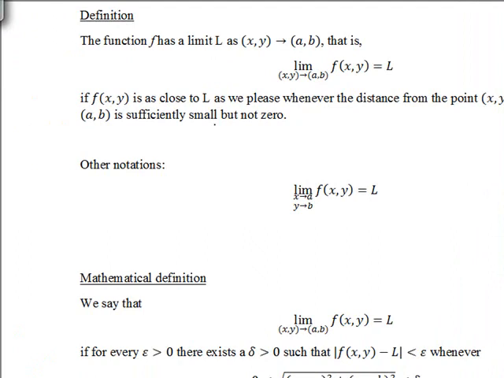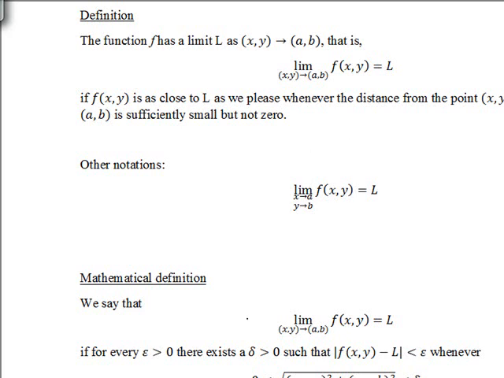That is basically a layman's definition. As we approach (a, b) in any direction, f of (x, y) approaches L. That's the definition of a limit. That's another notation that you may see and may use.